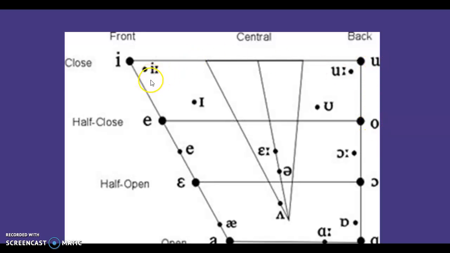So, for example, as we have seen in the previous chart, in Underhill's chart, which I consider easier in its organization, you will see that this sound is closer to this one, which is a front close or front high vowel, and you will see that it's near. So everything that is near here is going to be a front close or a front high vowel.